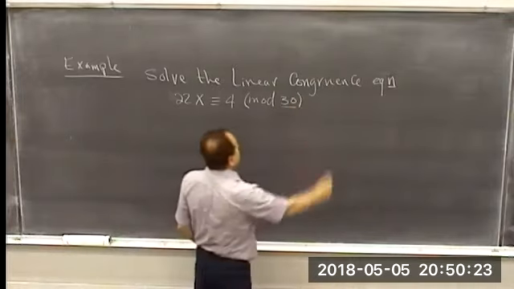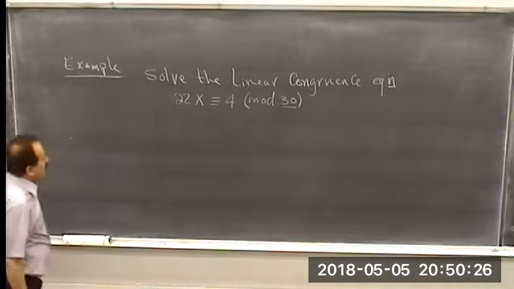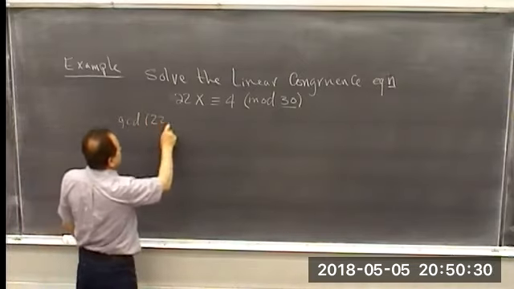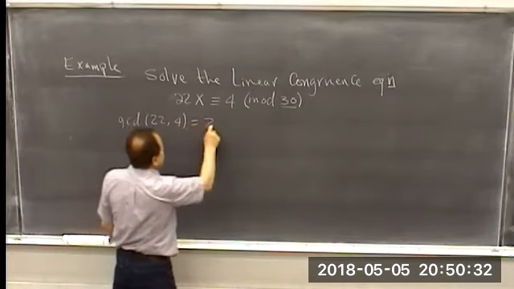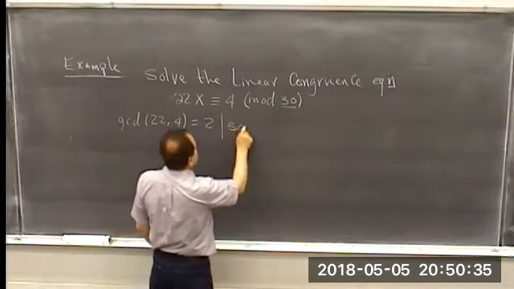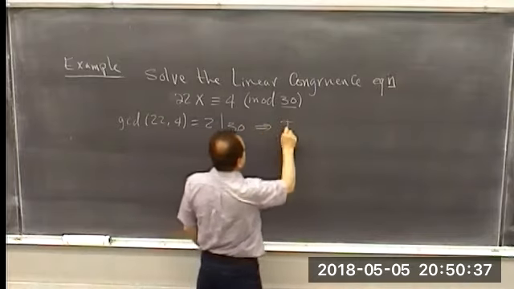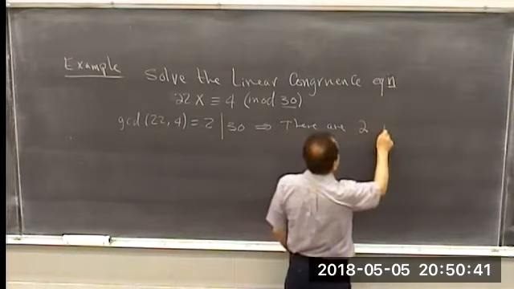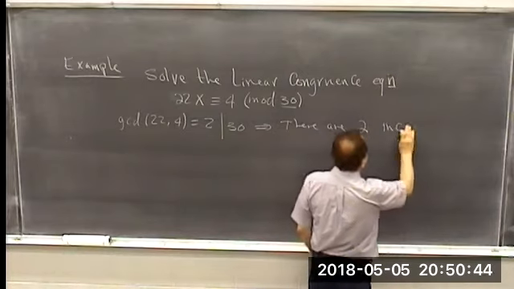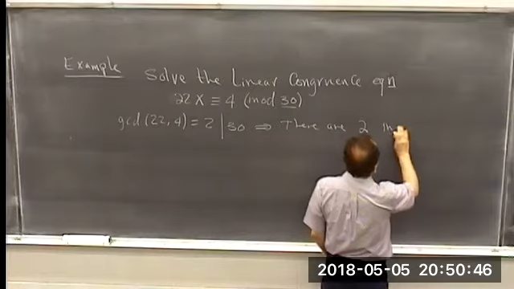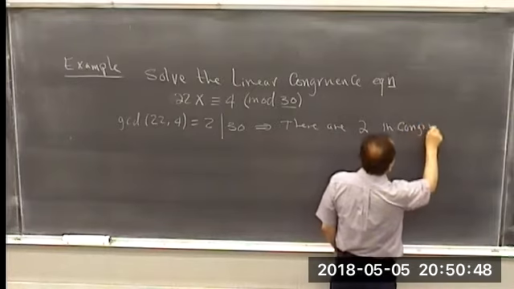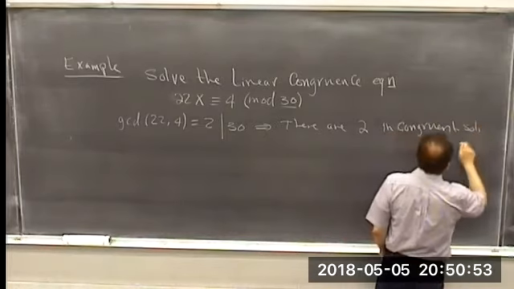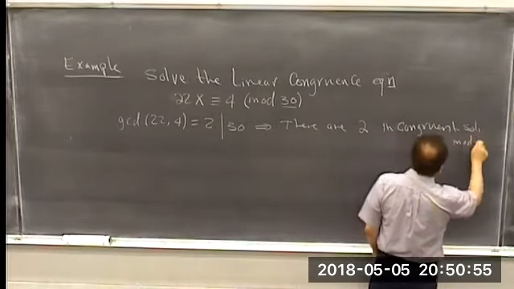All right, first of all, we need to check the greatest common divisor to see if this has a solution. And yes, 2 divides 30. This implies there are 2 incongruent solutions mod 30.